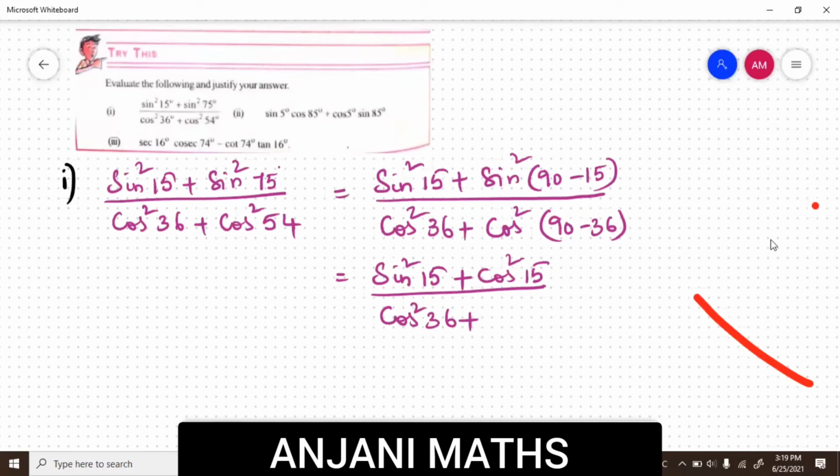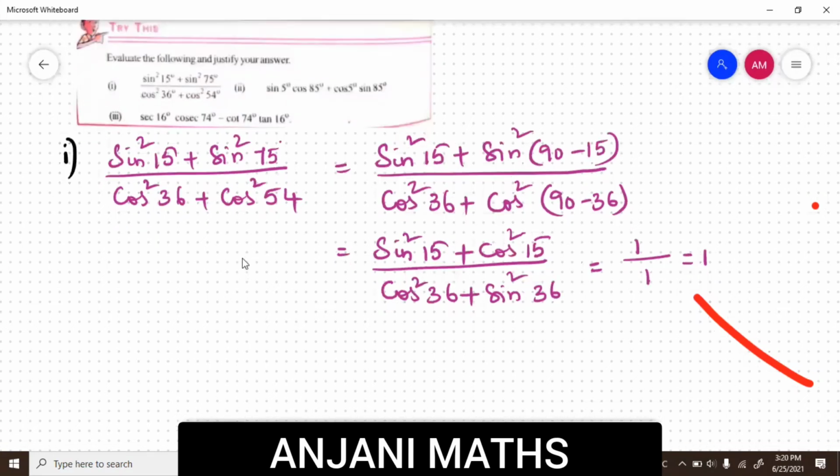The complement of cos is sine. So sine square 36. What is sine square theta plus cos square theta? It is 1. So this is equal to 1.